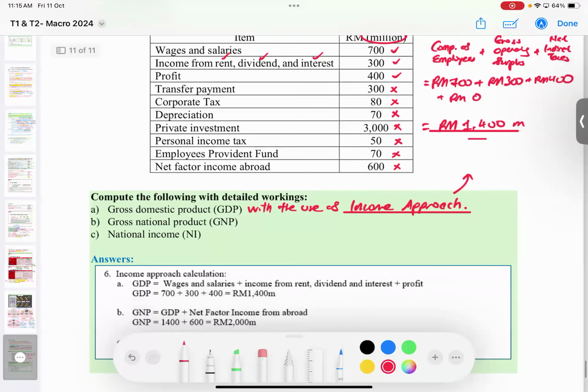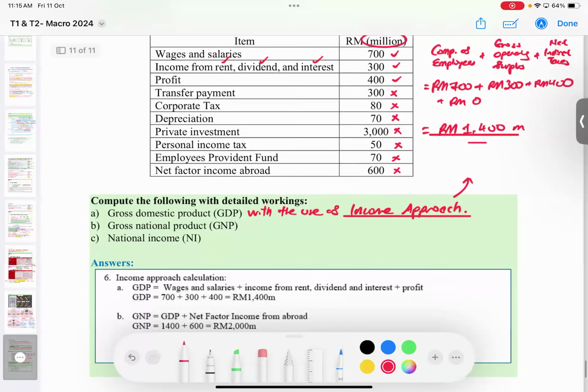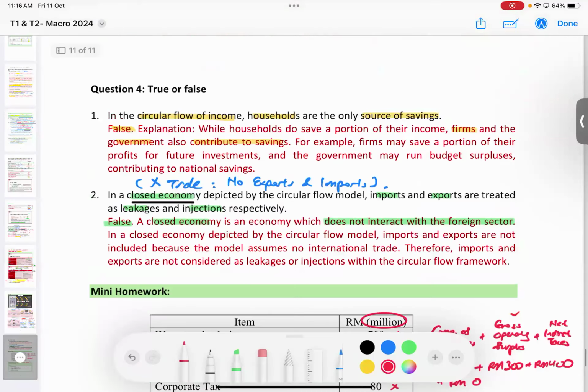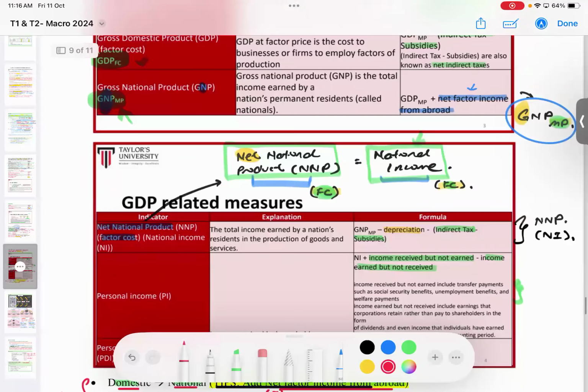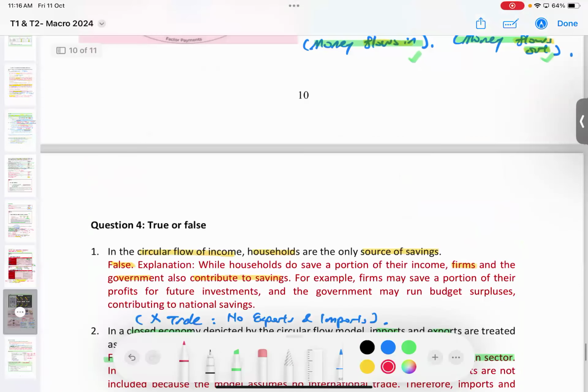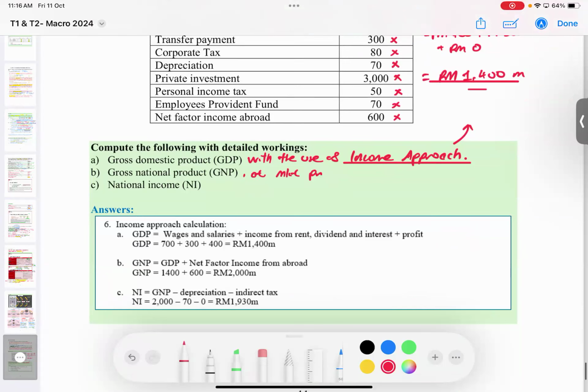Then after that, they ask you to calculate GNP. Of course, they will specify at what. For easy, I just say gross national product at market price. In midterm they will specify for you.